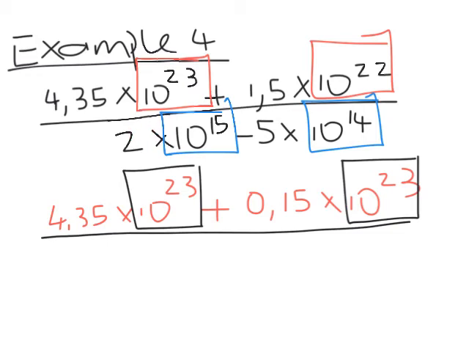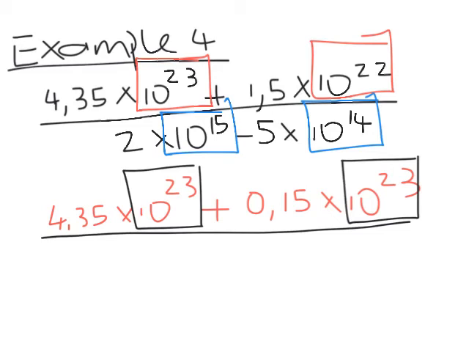The minute I work with 20, I'm in trouble because I'm not in scientific notation anymore. But if I take this up, so I take this to the power 15, the comma is going to shift to the left. So I'm going to have 0.5. Exactly what I want. I'm still working within scientific notation, which is really, really important.